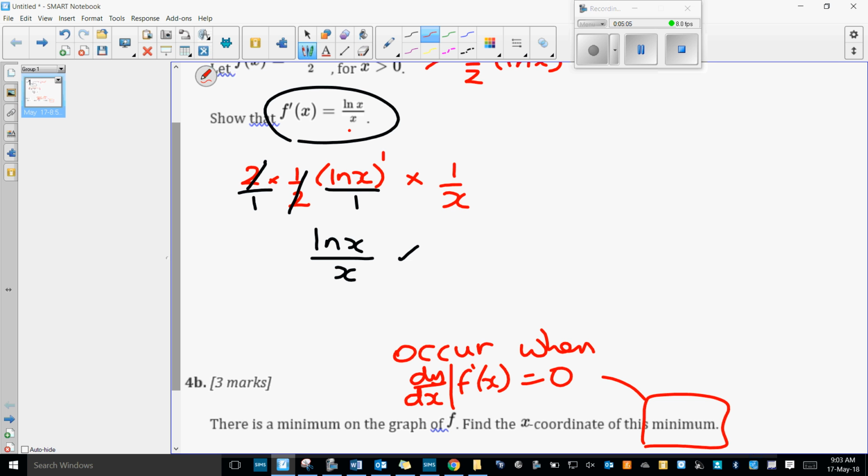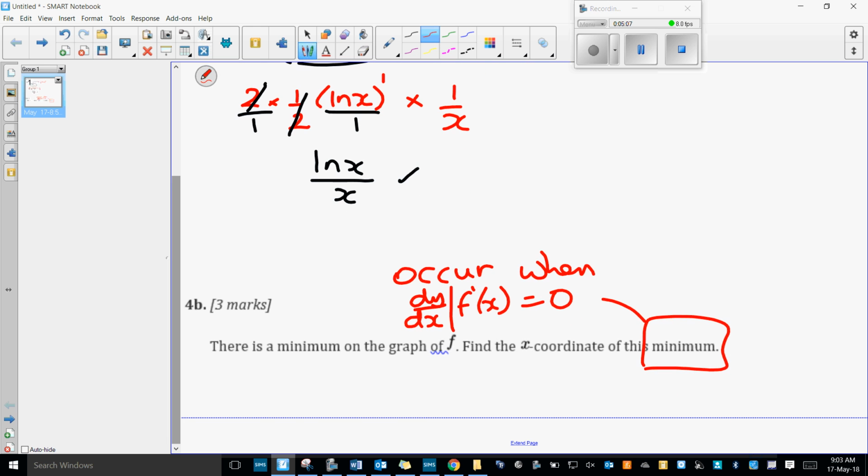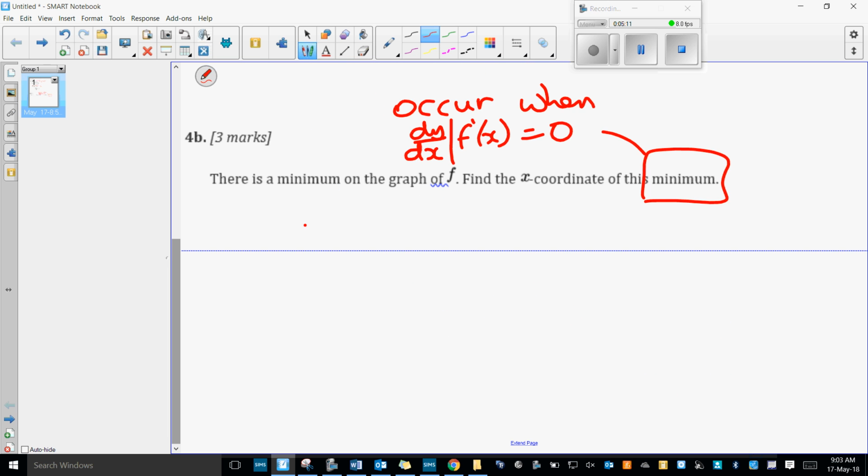So what we would say here is that ln x over x is equal to 0. Now we have to use our amazing solving capability.